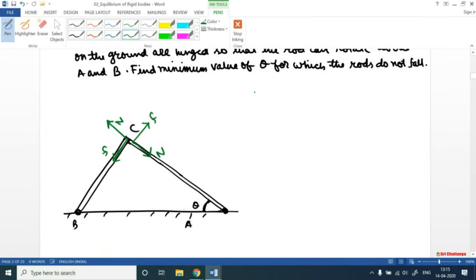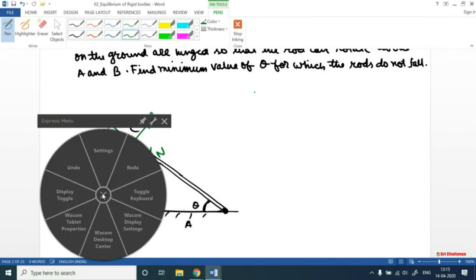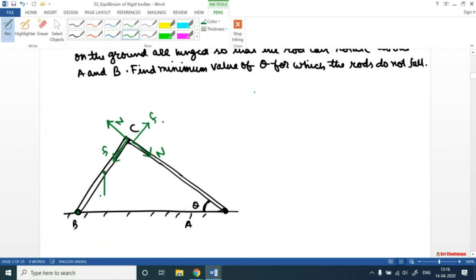Now if we balance torque about point B on the rod BC, the force acting is its weight. Let's say the linear mass density of these two rods is equal, and that is lambda. Let the length from B to A be L, so this length is L cos theta, and this length is L sin theta.